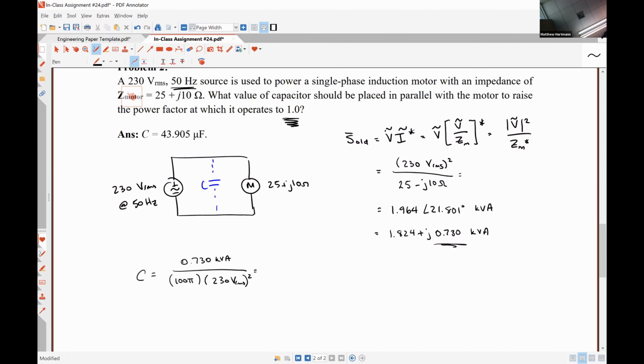I get 43.901 microfarad. Again, really, really close, but with a little bit of rounding error. So these two were pretty, in my mind, pretty easy.